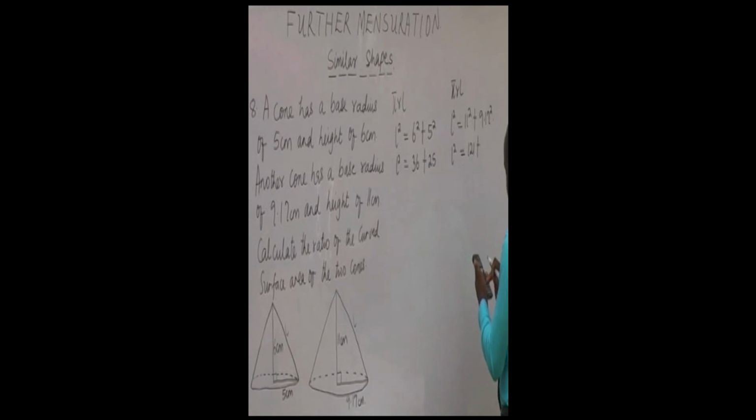Then 9.17 times 9.17 is giving me 84.1 in 1 decimal place. Now let's add.